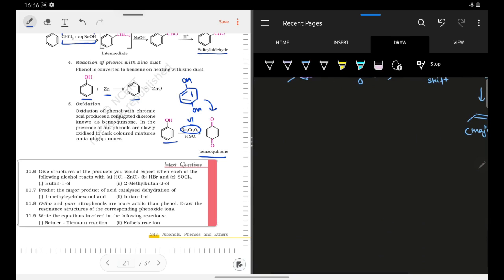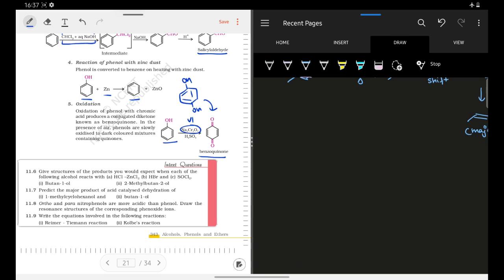Okay, now the next question is: ortho and para nitrophenols are more acidic than phenol. Draw the resonance. So this you can do, right? I have already taught you this when we had that table, I think in the previous lecture, or I don't remember, I think in lecture 3, where I told you why phenols are actually less acidic as compared to nitrophenols.